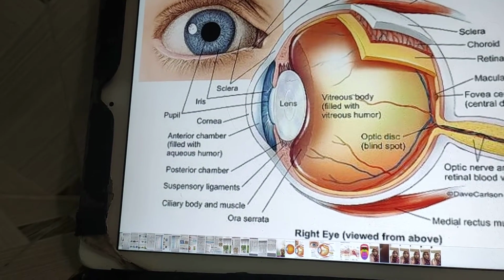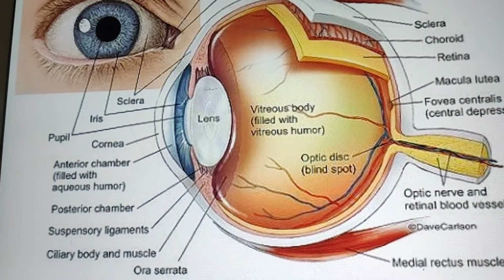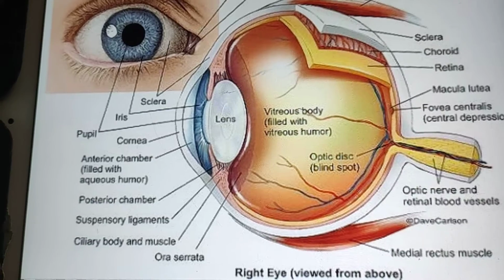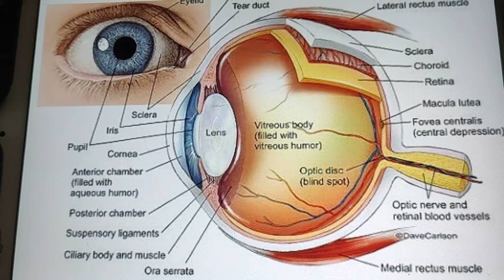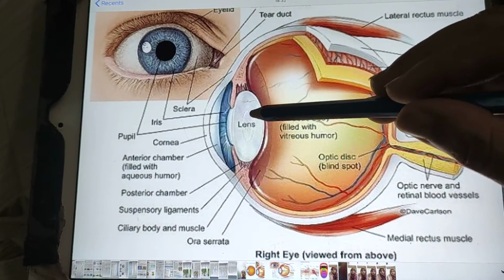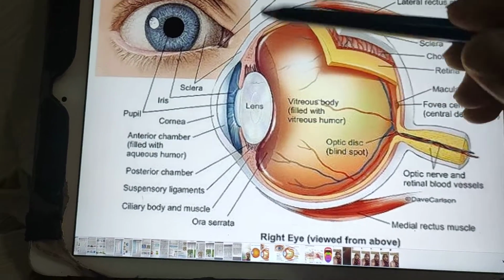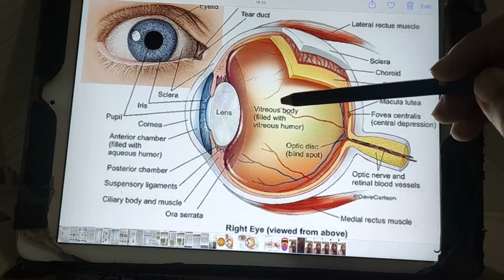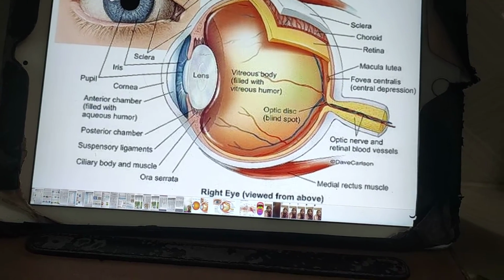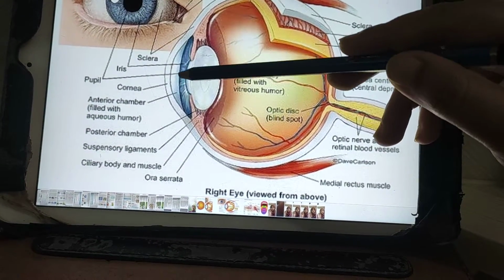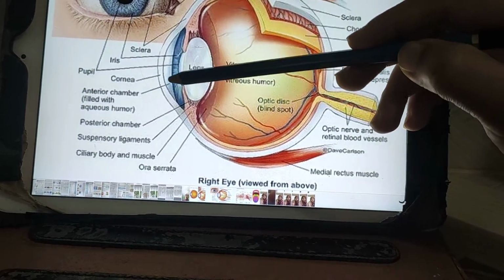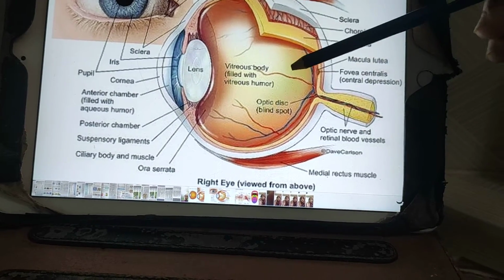Okay, now we know there are two cavities in our eye, aqueous humor and vitreous humor, and the lens divides the eyeball into these two chambers. The front chamber is filled with watery fluid called aqueous humor. This is the anterior chamber and this is the posterior chamber.